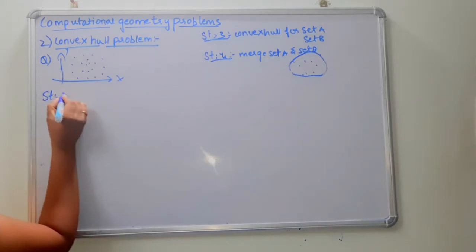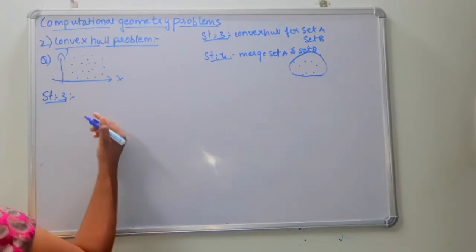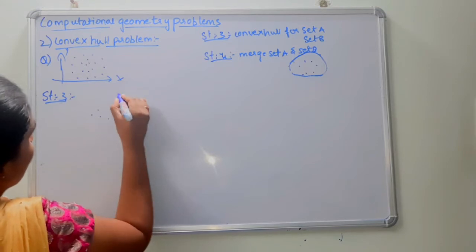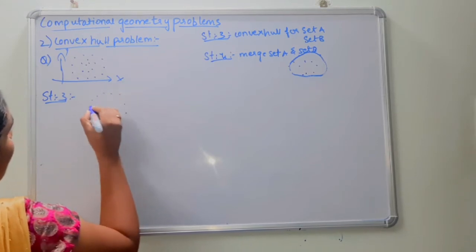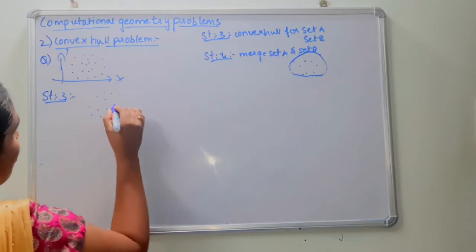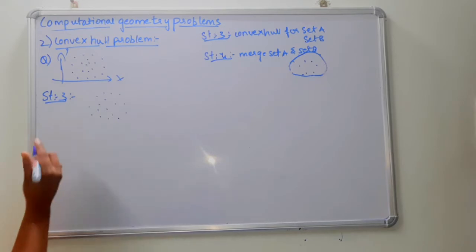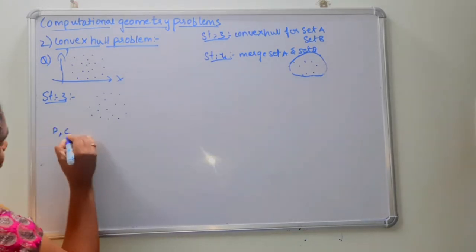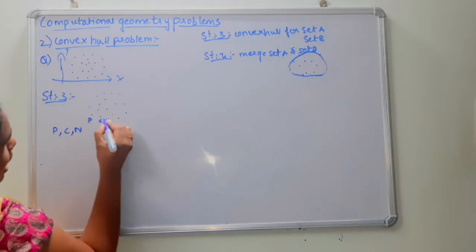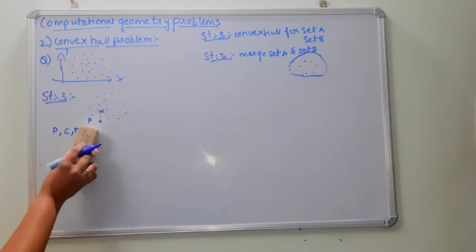What is meant by step 3? We have to form the convex hull for set A and set B. Now let us take 3 points: P, C and N. Let us combine those.